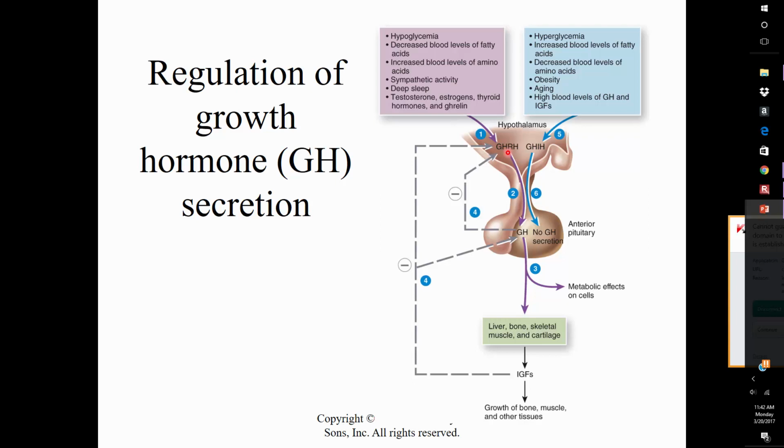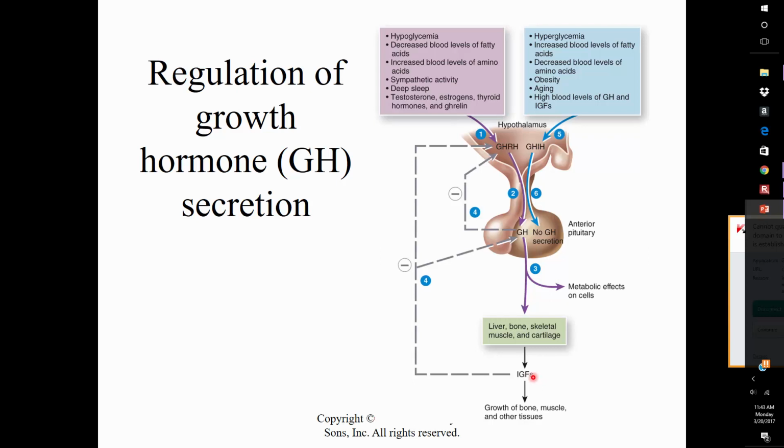Growth hormone releasing hormone goes through the portal system, binds to cells that make growth hormone. Growth hormone then goes into the blood and has some metabolic effects. It promotes protein synthesis. It increases your blood glucose level. Growth hormone is also going to go to the liver, the bone, some muscle, your connective tissue, particularly the cartilage, and produce these substances called insulin-like growth factors, or IGF-1.